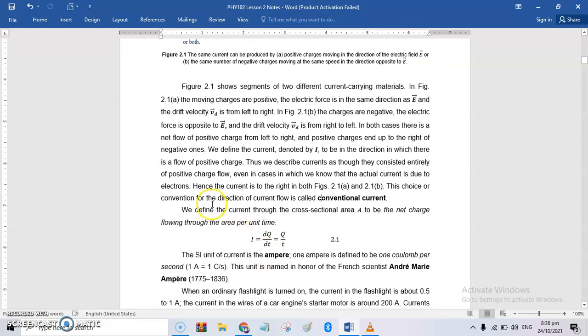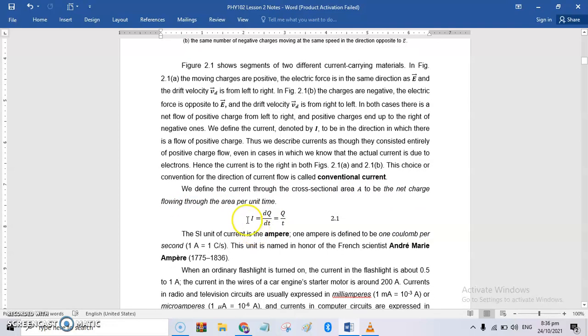Now, we define the current through the cross-sectional area A to be the net charge flowing through the area per unit time. So current I is equal to the derivative of charge over the derivative of time, or simply charge over time.